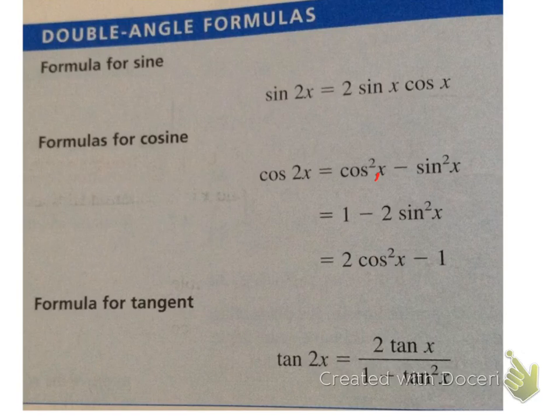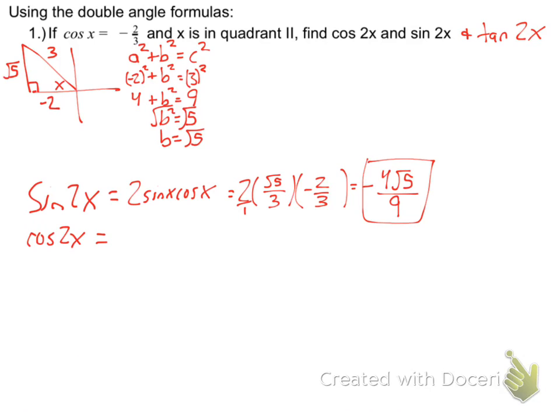It gives you a better chance of success. So, it's going to be 2 cosine squared x minus 1. And now, play coach. Substitute it in.